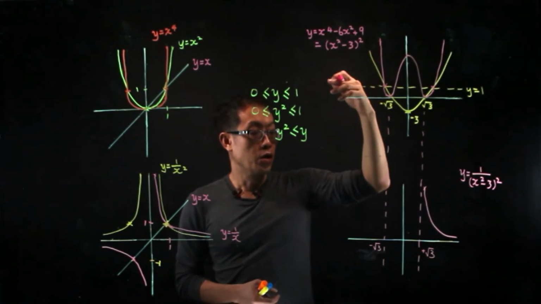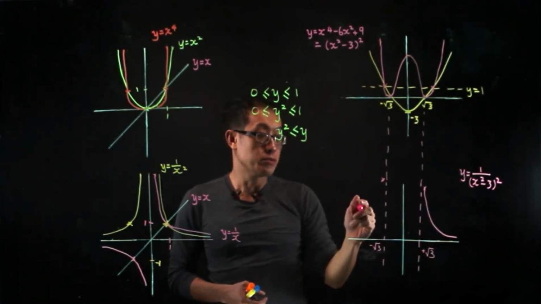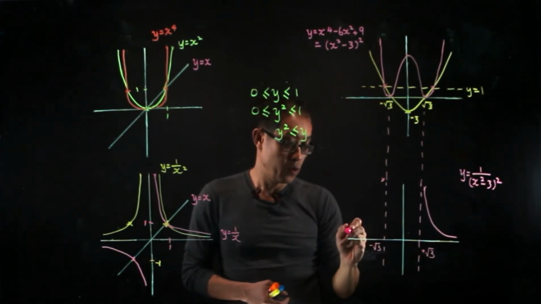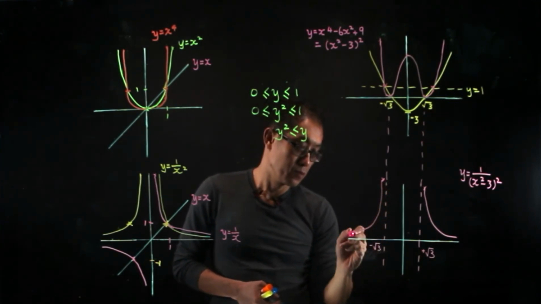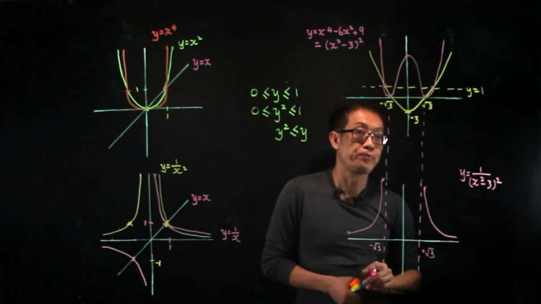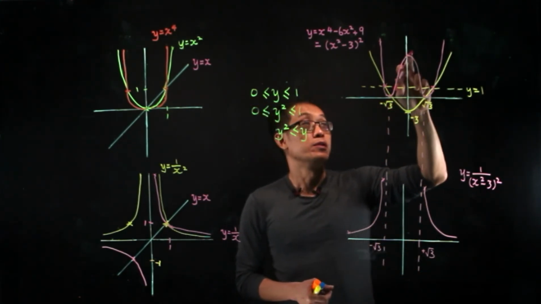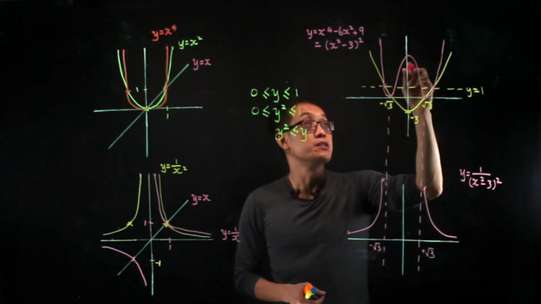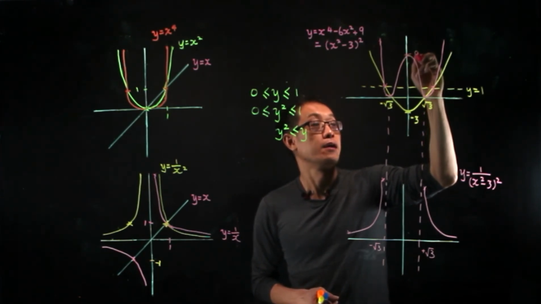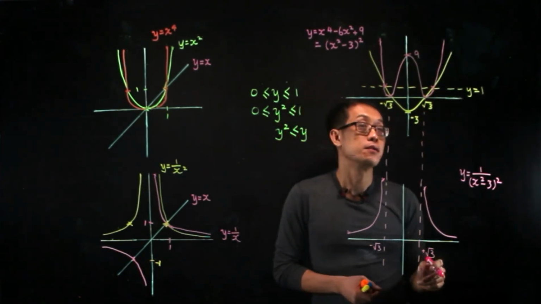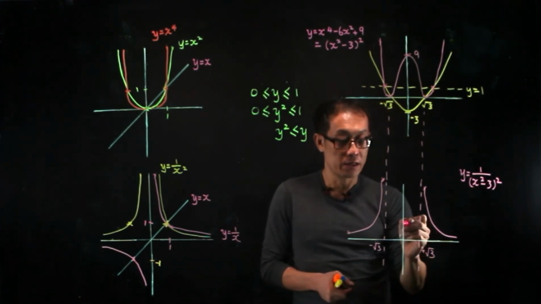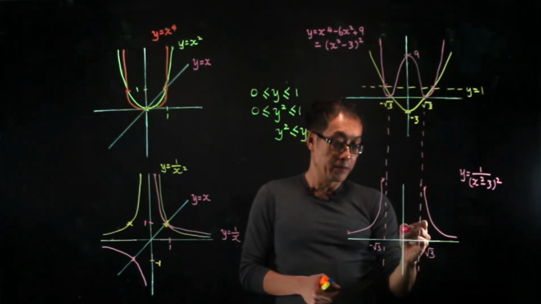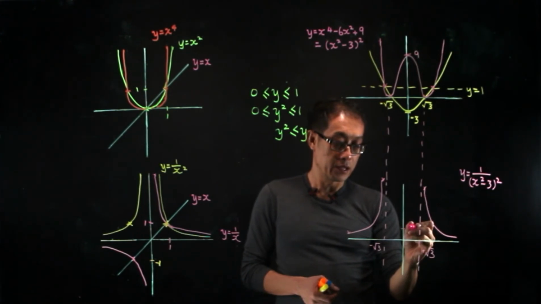When you take 1 over that, it will be extremely small. Now the square of this becomes 9. Now 1 over 9 becomes 1/9. So it will be much lower now.